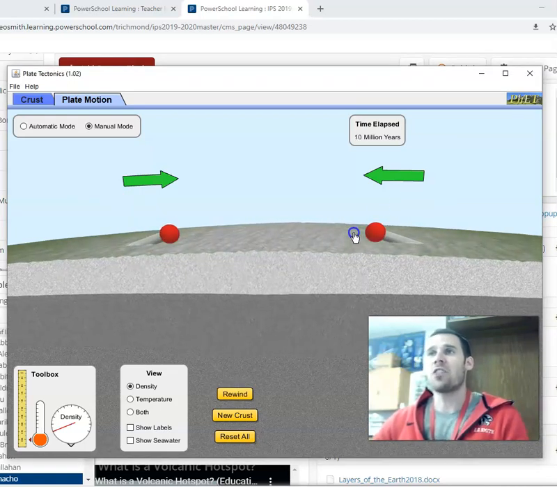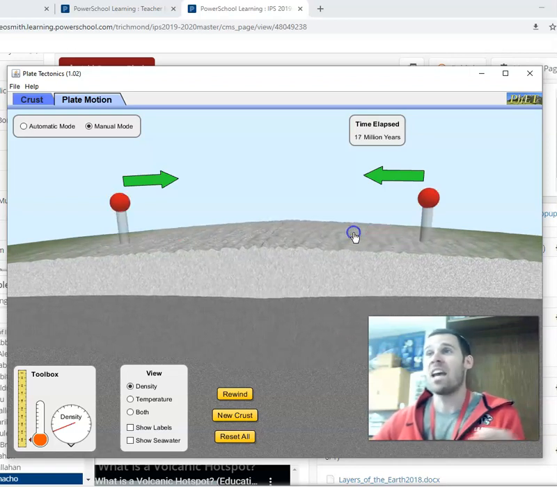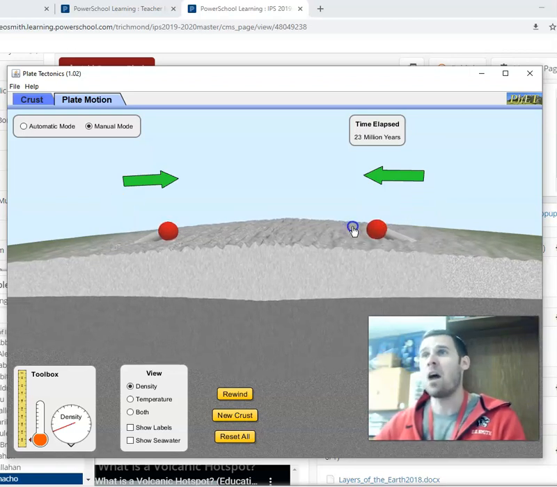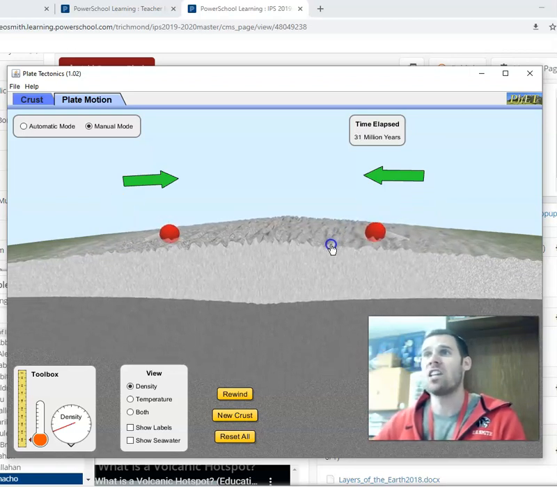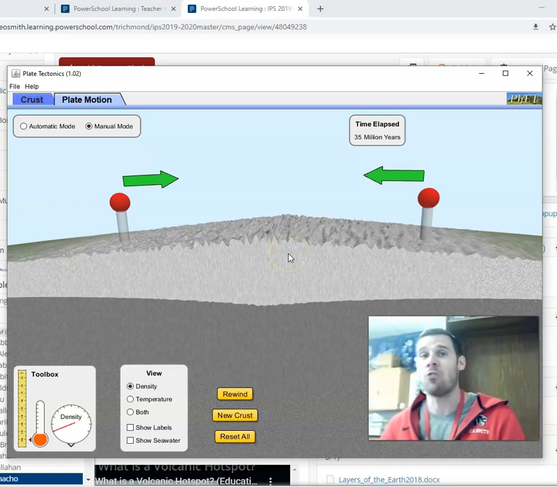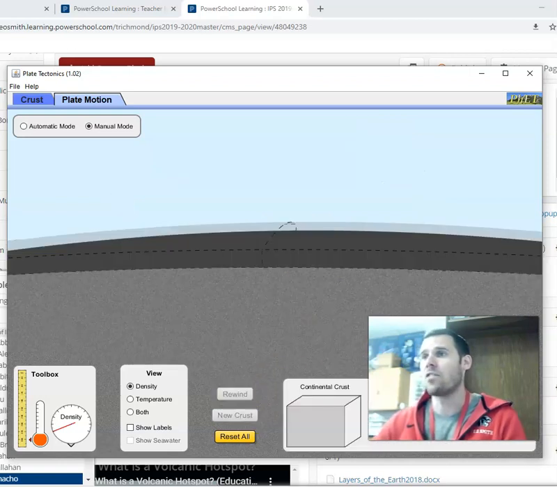Because continental crusts have the same density, and because these plate boundaries are moving towards one another, we call that a convergent boundary. And I want you to observe the type of land formation that you think this would really kind of resemble here. And to me, that looks like the formation of mountains. And that's how mountains are created, is through convergent continental to continental boundaries. So that's an important concept for you to understand.